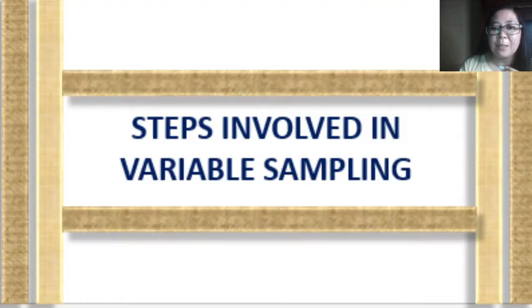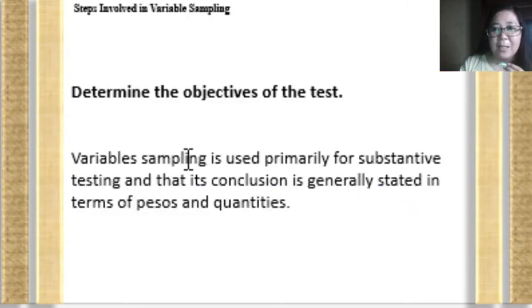Okay, so we will continue with the steps involved in variable sampling. Variable sampling, on the other hand, is concerned with the amounts of the account balances. Here are the different steps for variable sampling.